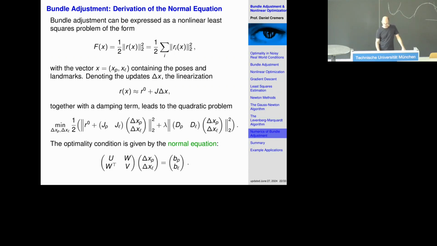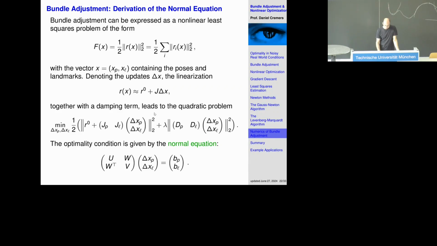And if in addition you add this damping that we had in the Levenberg method or the Levenberg-Marquardt, you add basically a regularizer that says the updates shouldn't get too large. So much like in gradient descent, you want to stay close to the initial estimates.